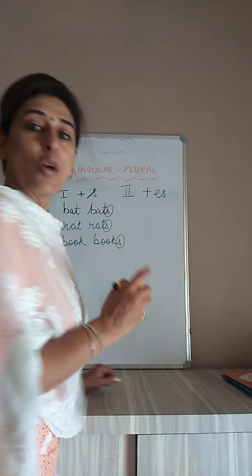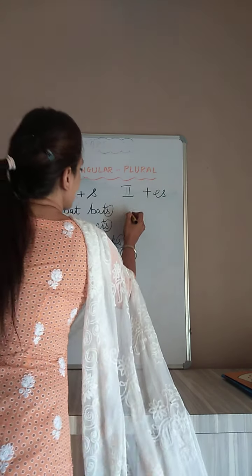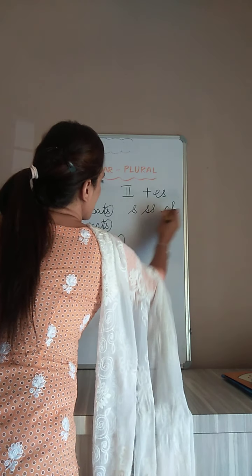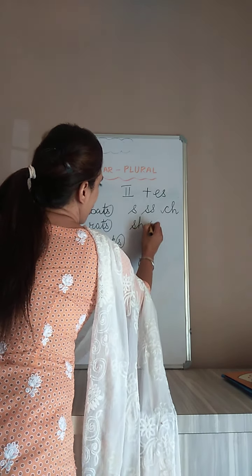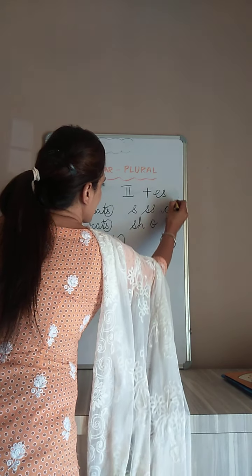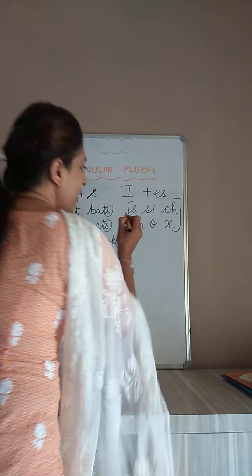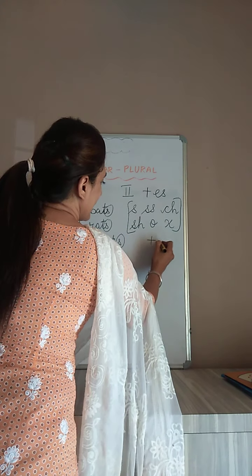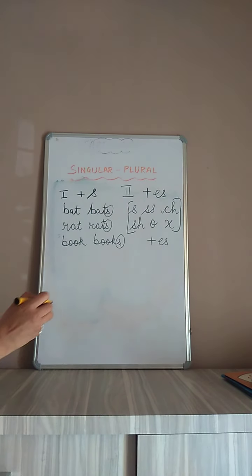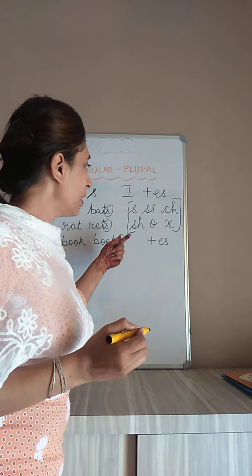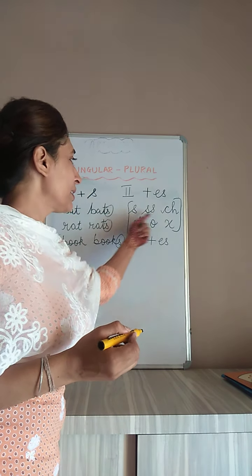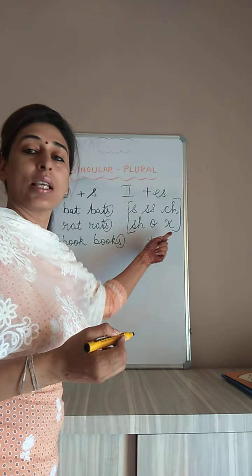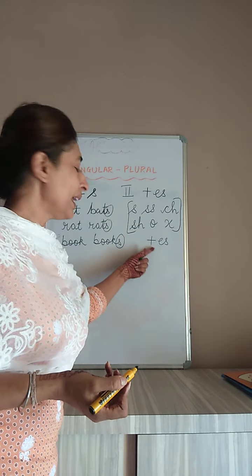The words which end with s, double s, ch, sh, o and x, we make their plurals by adding es. Clear? Once again I am repeating. The words which end with these letters s, double s, ch, sh, o, x, we make their plurals by adding es.